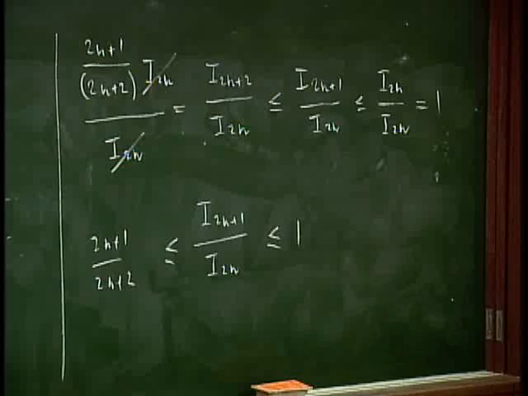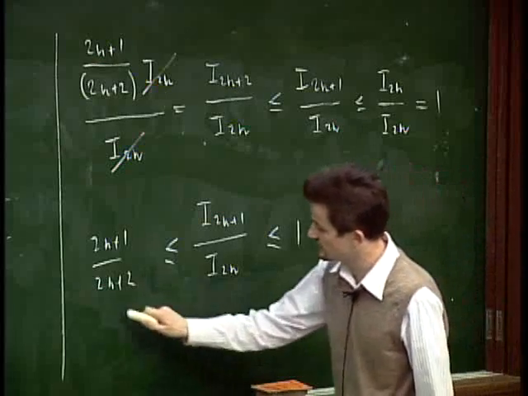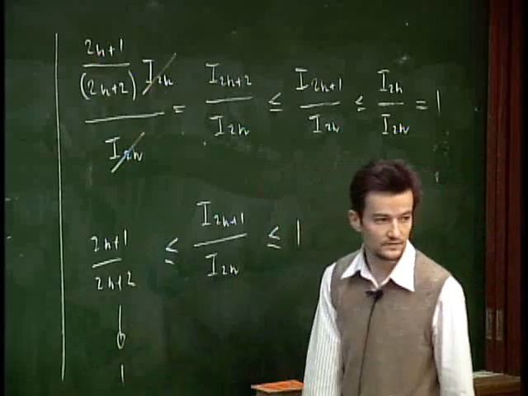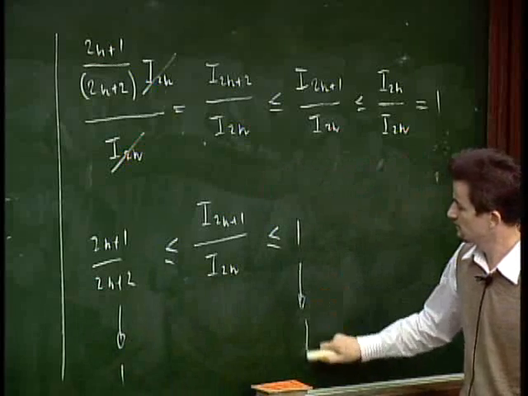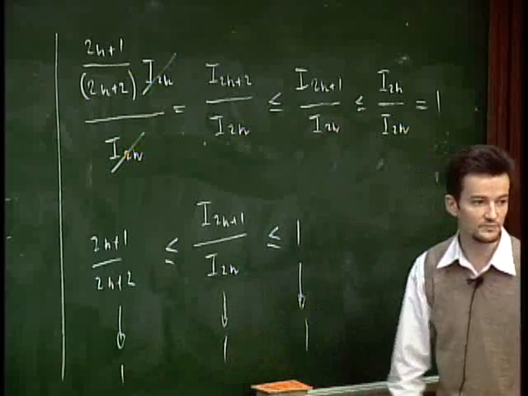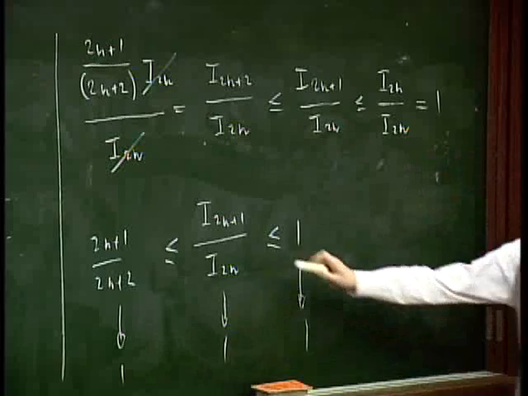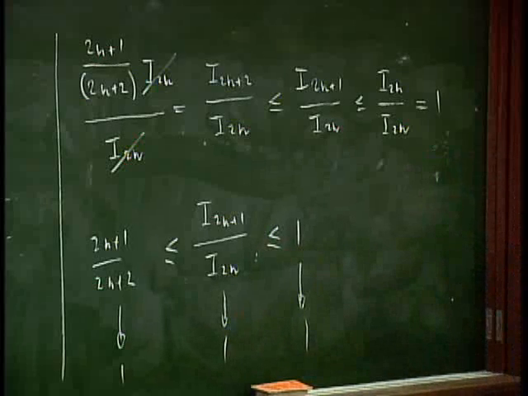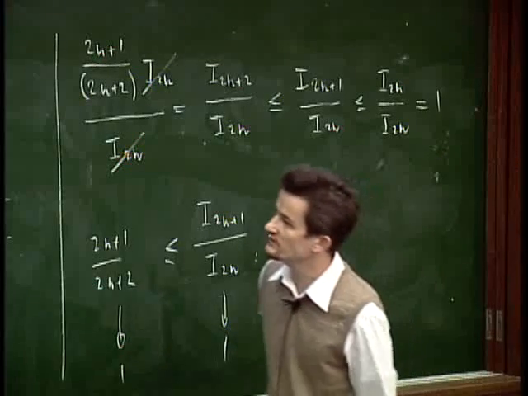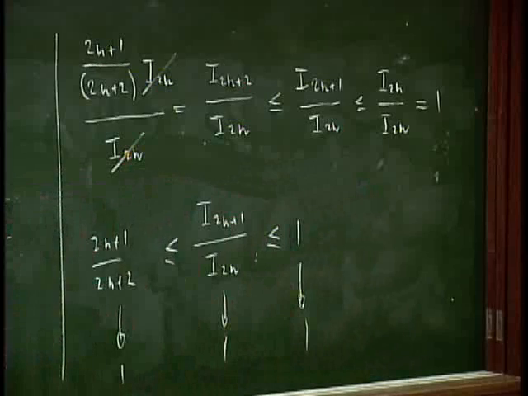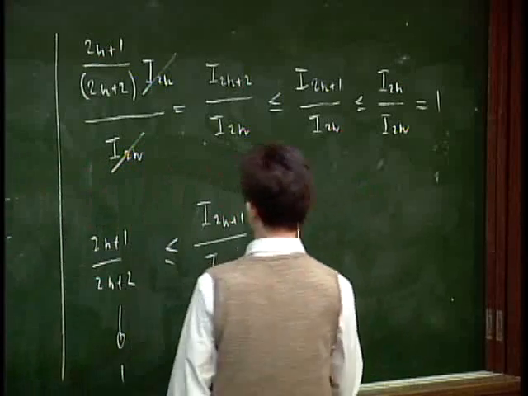Now you let n tend to infinity. If n tends to infinity here, this will go to 1. This will go to 1 as well. So this will go to 1 by the squeezing theorem. And now the only thing you have to do is write this out. Then what you get is something very pretty.